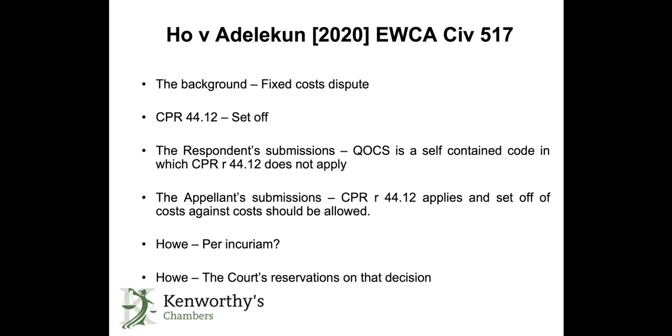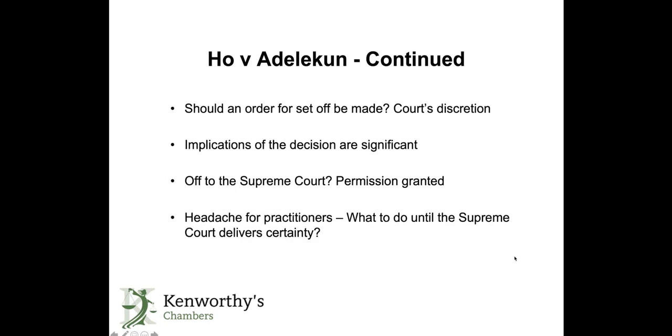So there were fairly serious reservations that were expressed, but ultimately the Court of Appeal were bound by the decision in Howe. And so an order was made that costs could be set off against costs, and whilst there was a discretion as to whether that should be ordered, once it had been determined in principle that the court could order that, the Court of Appeal found no reason in Howe and Adelaken not to.